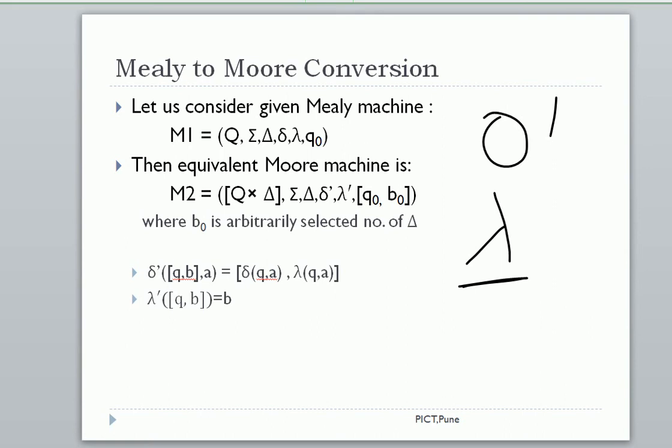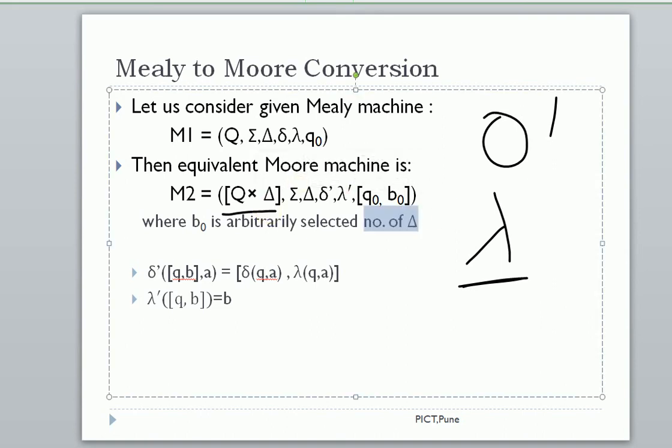The equivalent Moore machine is M2, which is again a tuple of the same elements. While here the Q, that means output is associated with the state, so we are writing the output symbol with the state Q. And the input alphabet set, output alphabet set, transition function, machine function, and there is one new concept.